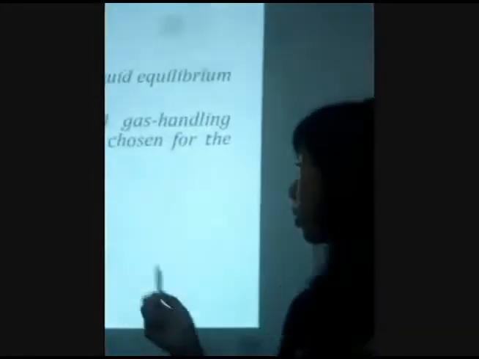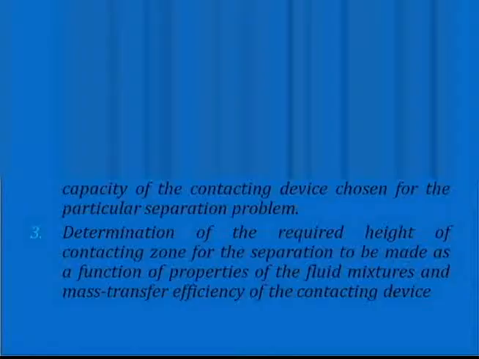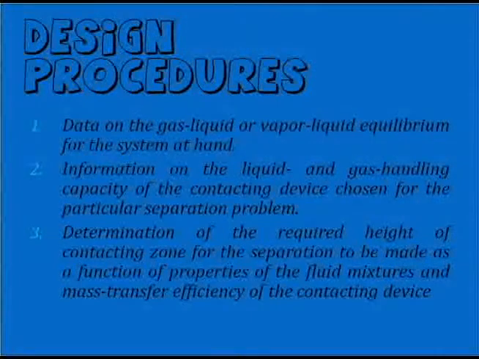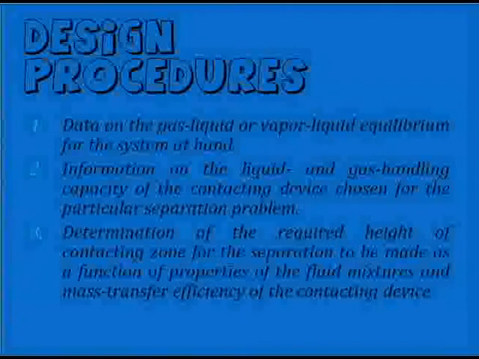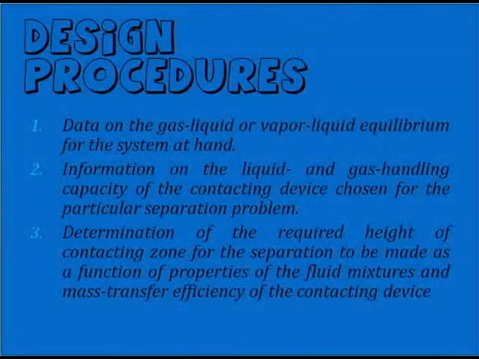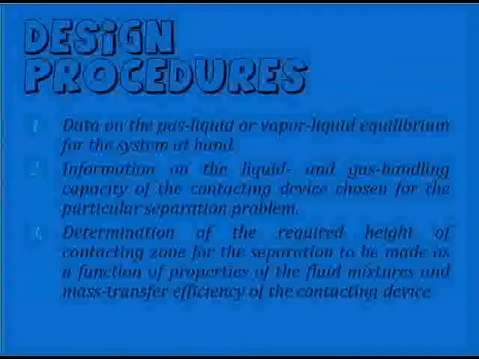So, design procedures. These are the things that should be remembered while designing equipment for gas absorption. The data on the gas-liquid or vapor-liquid equilibrium for the system at hand. Information on the liquid and gas handling capacity of the contacting device chosen for the particular separation problem.